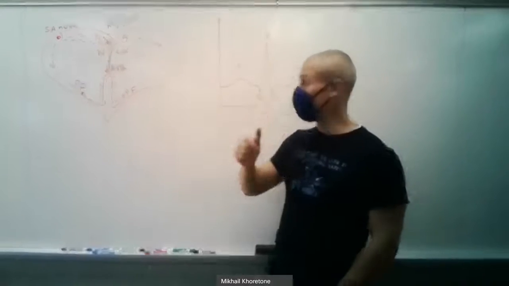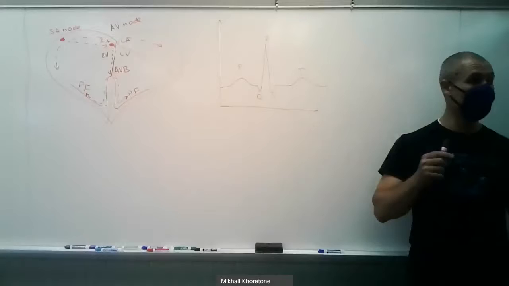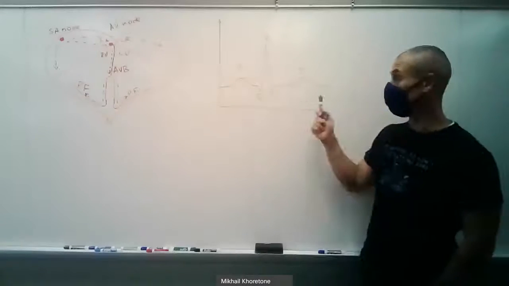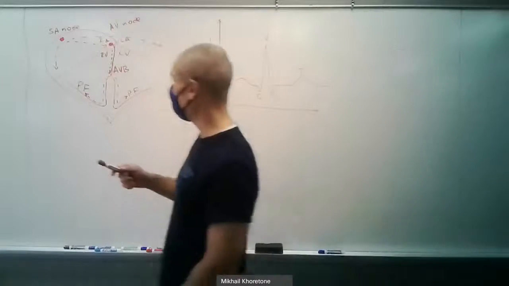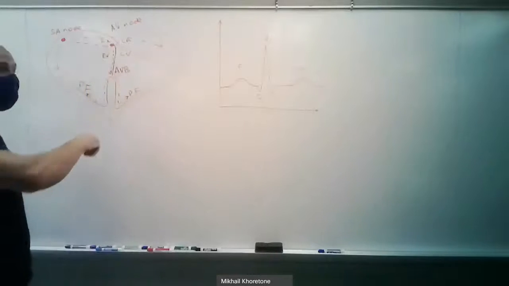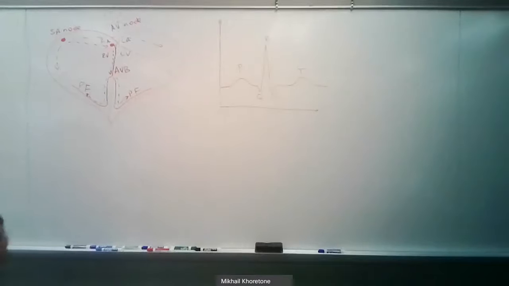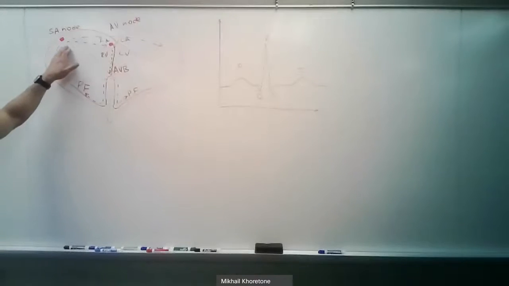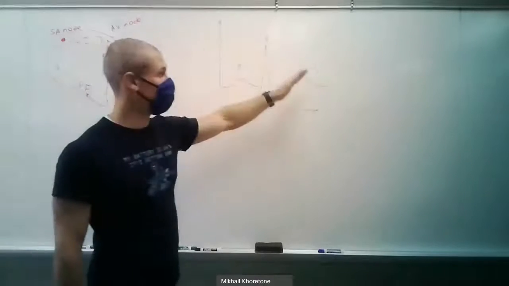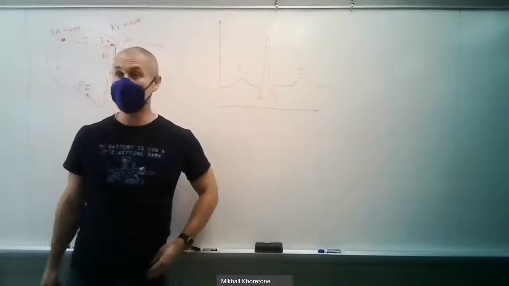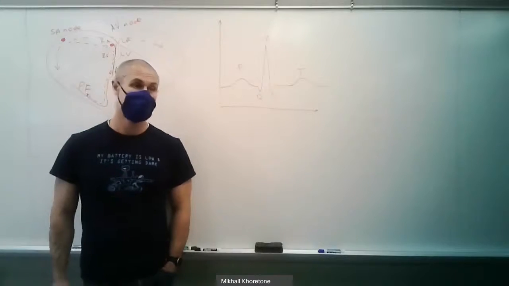Now, what's interesting is to chat about some abnormalities on EKG associated with defects in the intrinsic conduction system. So let's start with this. What if your SA node is not there? Which element of EKG are you not going to see?